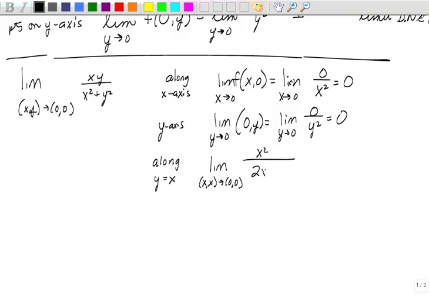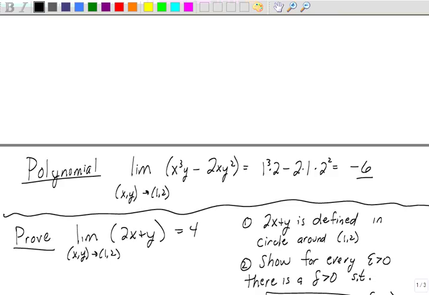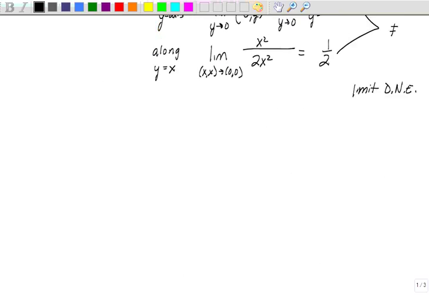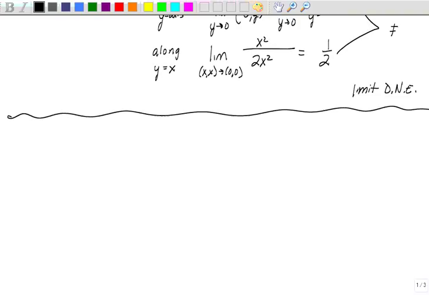We have 2x squared on the bottom. That's a half. So these aren't the same, so the limit doesn't exist. So we found another pathway where it's approaching a different value. So that's the usual approach to these problems, to find two pathways where the limit isn't the same.